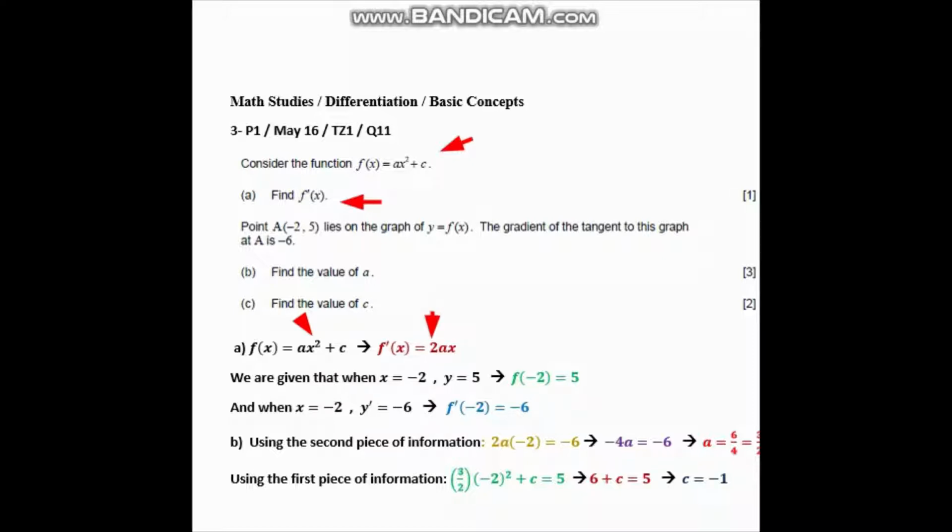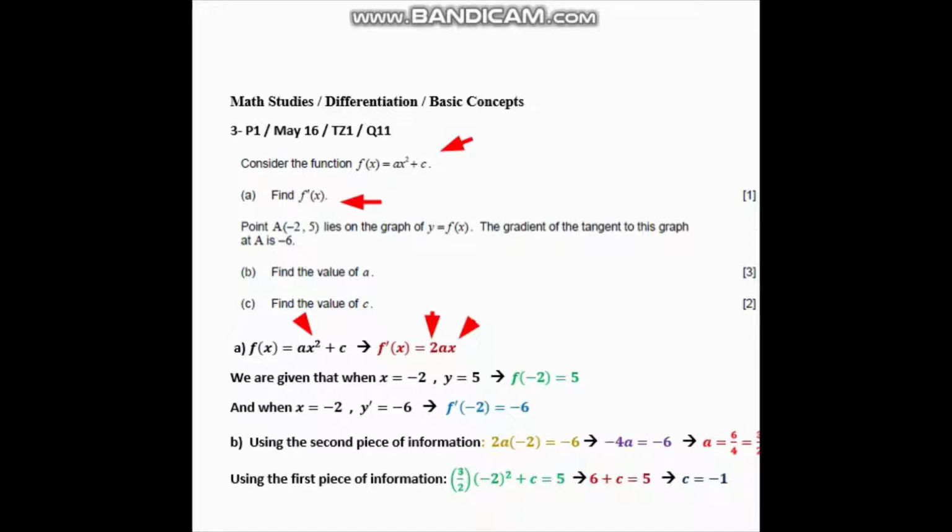Then we reduce the power by 1, so x squared becomes x power 1, or just x. Hence, ax squared becomes 2ax.